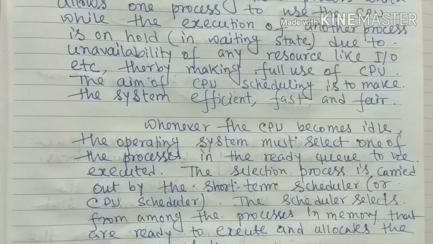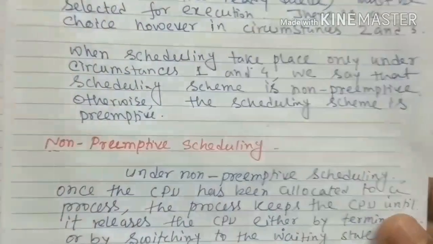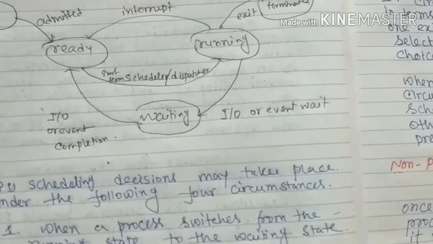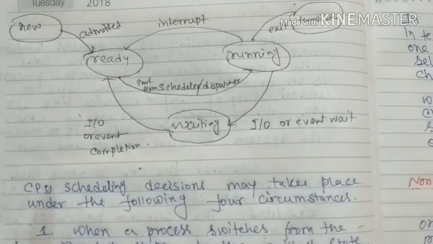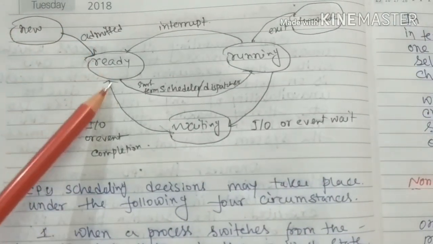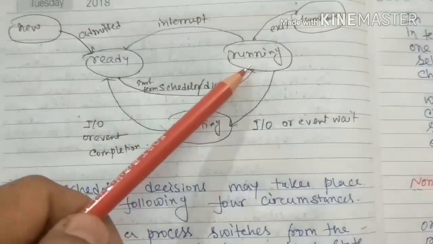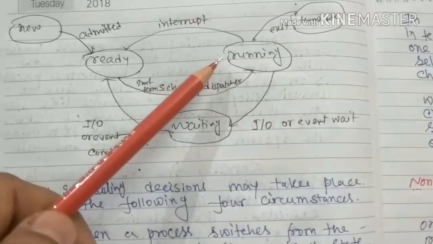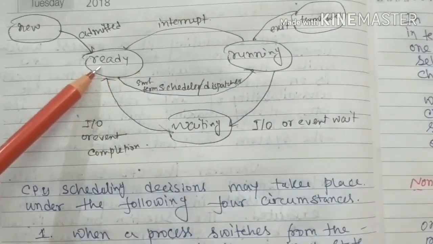Here there is a diagram which clears the idea about the CPU scheduler. Whenever a new process comes, it is admitted to the ready queue. If a process wants to be in the running state, then first it goes to the ready state.